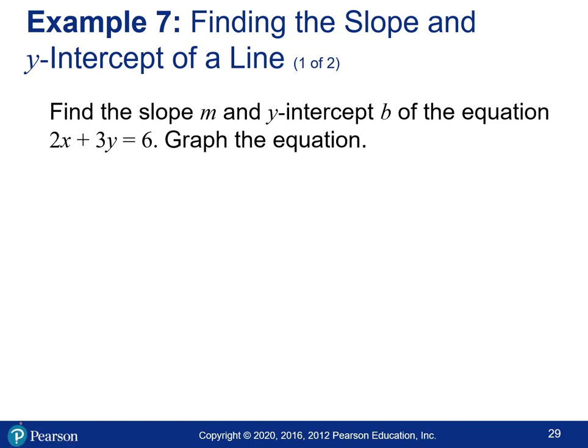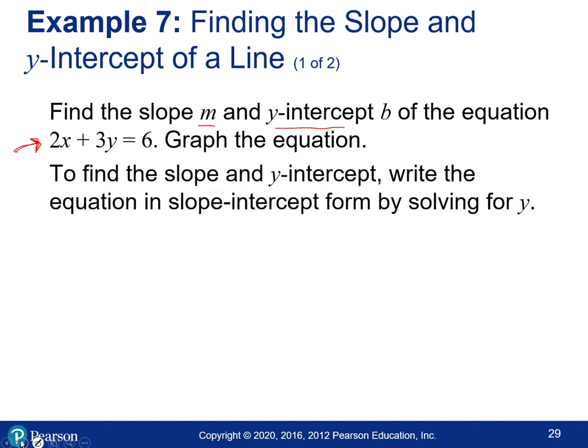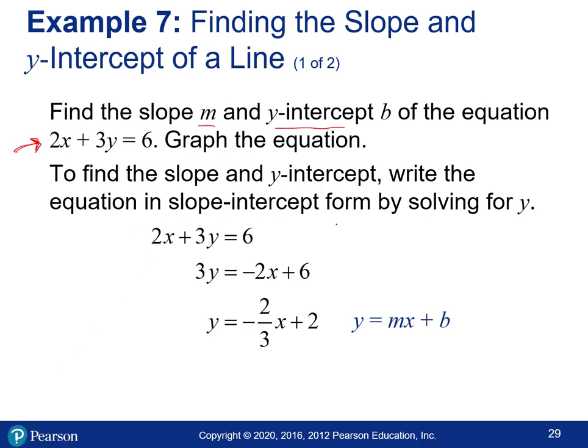Okay, so jumping right into an example, find the slope and the y-intercept of this equation and then graph it. So notice this equation is not in slope-intercept form, but if we can write it in slope-intercept form, we can answer this question. So we're going to solve for y, because slope-intercept form is y equals mx plus b.